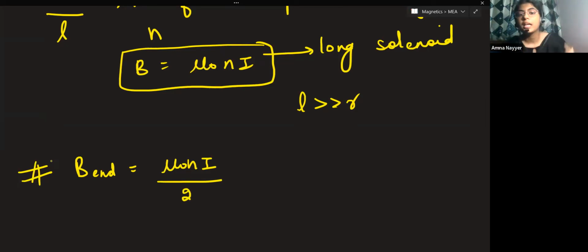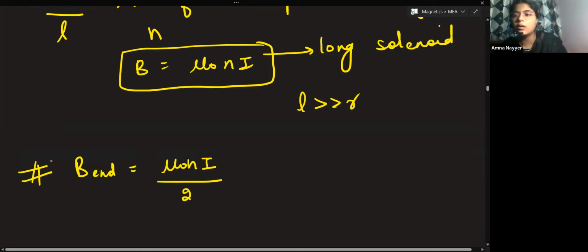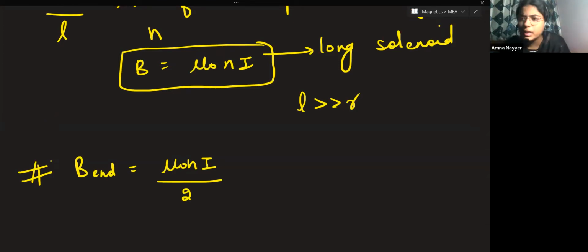Now, one more thing. I told you when we were discussing Coulomb's law that the absolute permittivity of free space is epsilon naught, but if the medium is changed, we use epsilon, the relative permittivity for any other medium. Similarly, this is permeability. Permeability for free space is mu naught. For any other medium, if a solenoid is kept in another medium, then it won't be mu naught only.